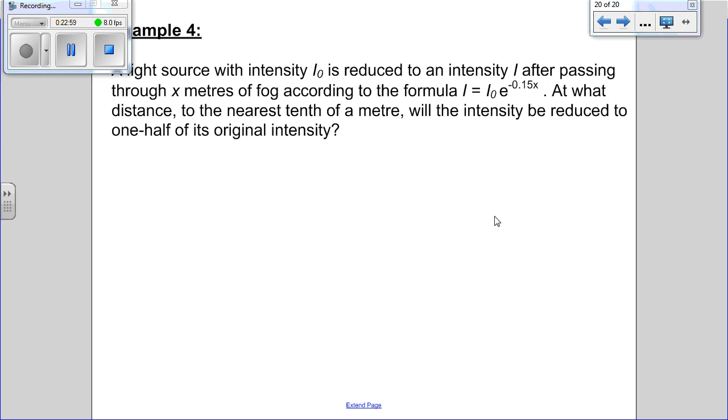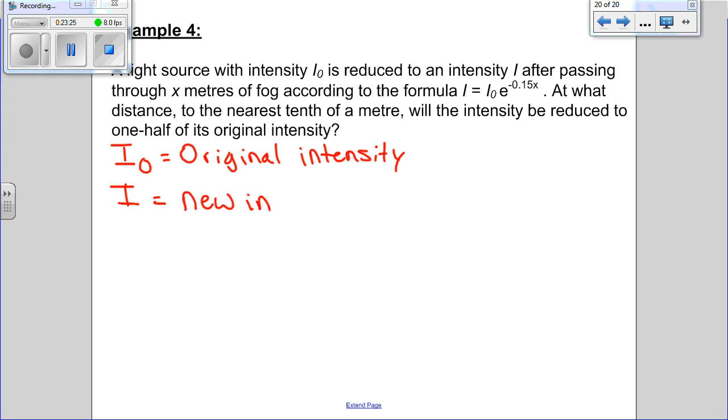So that's a difficult question. I'm just writing out some info. I naught equals original intensity. I equals new intensity after it goes through the fog. x equals the distance through the fog.